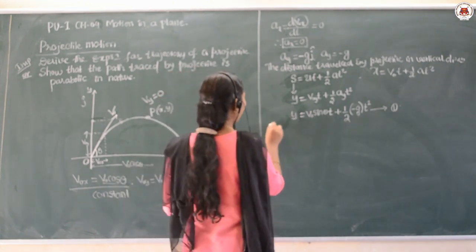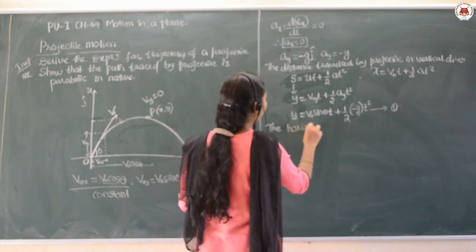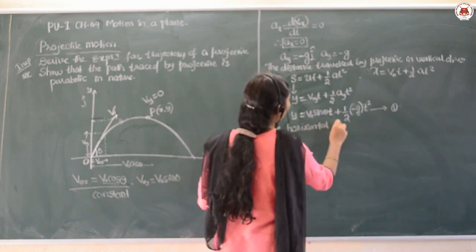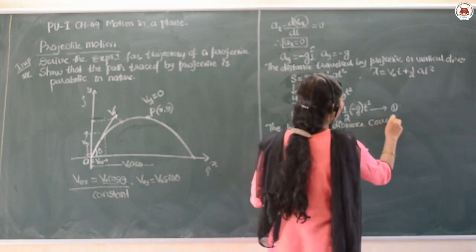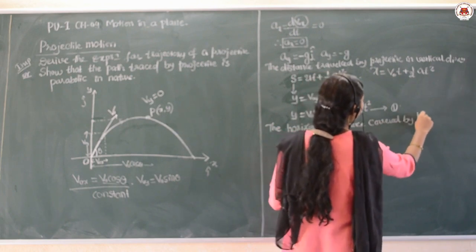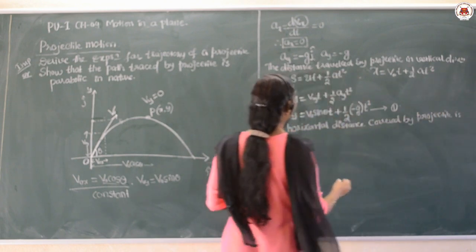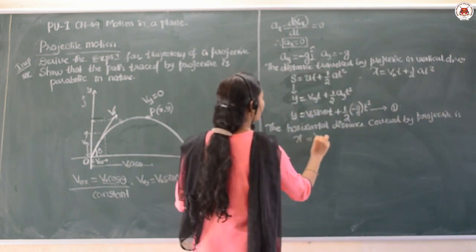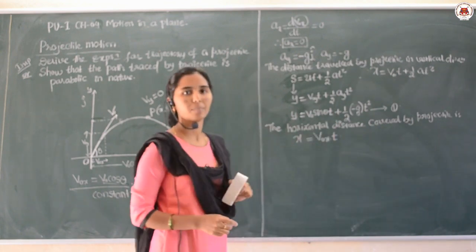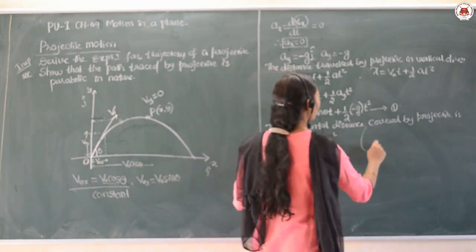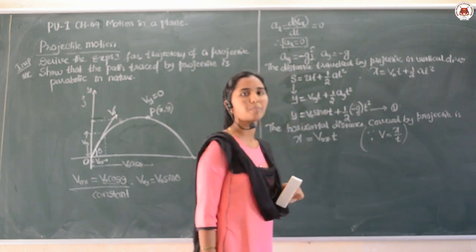Then according to this, now I use the horizontal distance covered by the projectile, that is x is equal to horizontal velocity into the time we can write, isn't it? Because we know that velocity is equal to the displacement divided by time here, right.